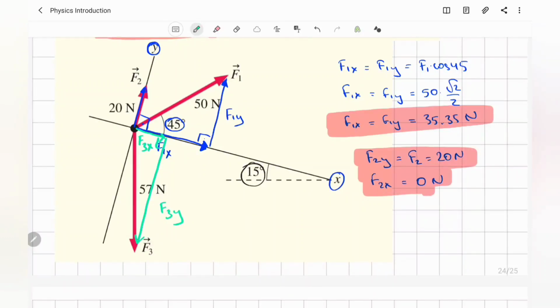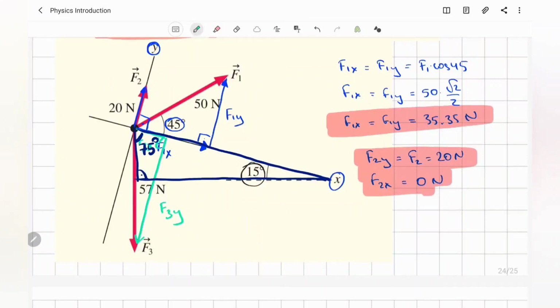If you look carefully, you can notice that. Let's continue this line and this line and this line. As you see, this is a right triangle, so this angle will be 75 degrees. Yes, 15 plus 75 is 90 degrees.